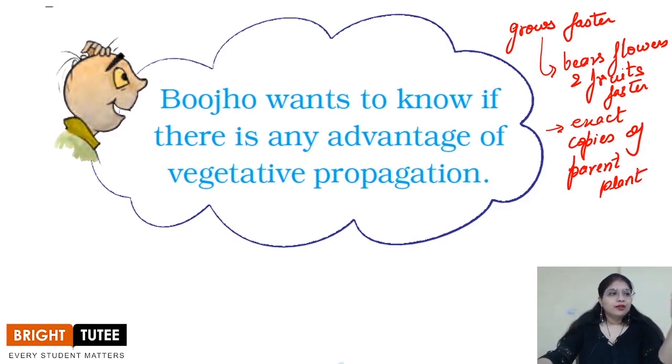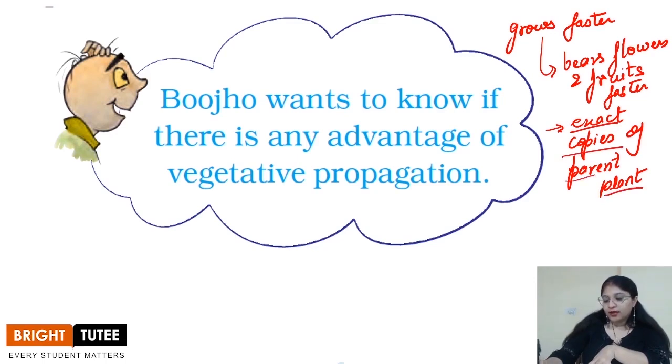So what we do is we take a stem from that rose and we start growing it, and we'll see that because it is the exact copy of the parent plant, we'll get the same color with the same quality of the flower, right? So in this way we see how asexual, or specifically vegetative, reproduction helps in getting the exact copies of the parent plant.